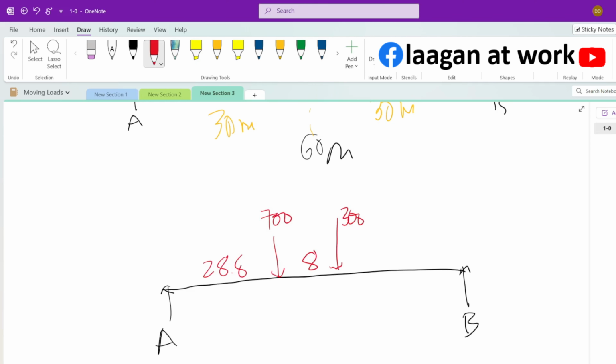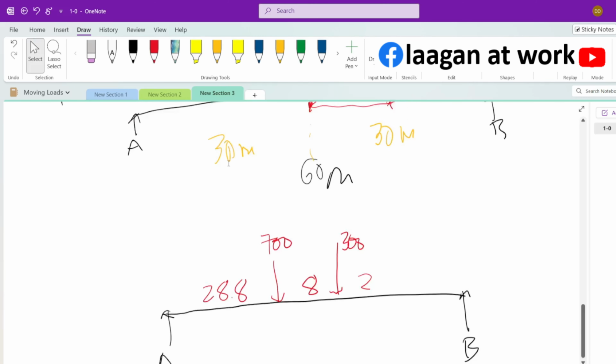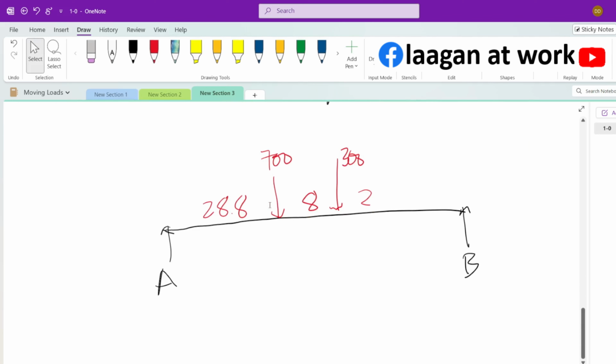This is 28.8. And then this is 23.2. So 23.2 plus 28.8 is 52, and then plus 8, 60. So the total is 60.